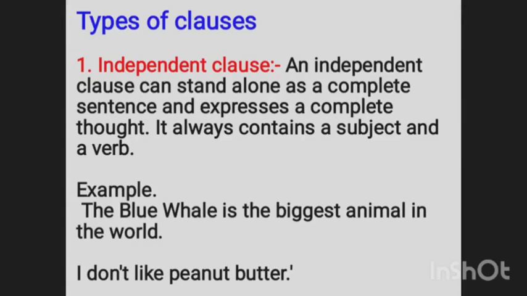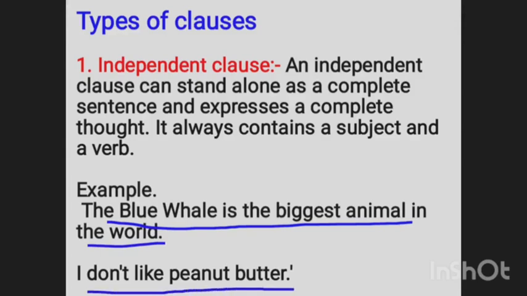For example, the blue whale is the biggest animal in the world. Another example again, I don't like peanut butter. This is a clause and it is expressing an idea or a complete sense. So there is a subject and there is a verb.